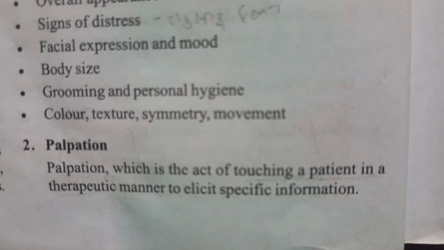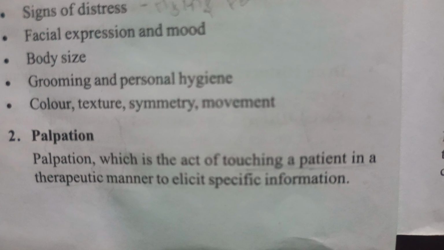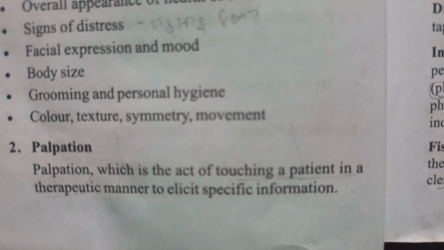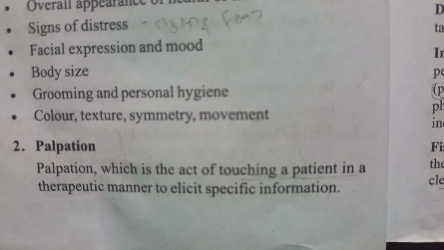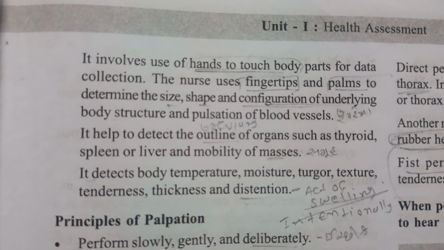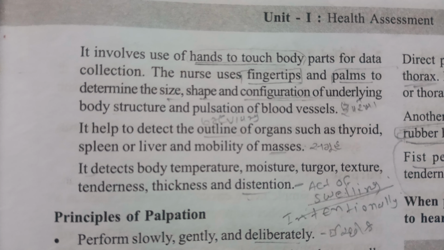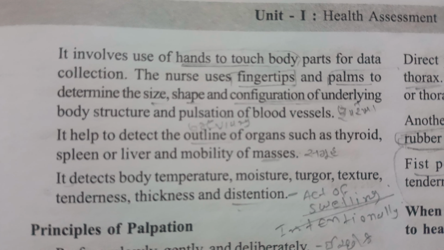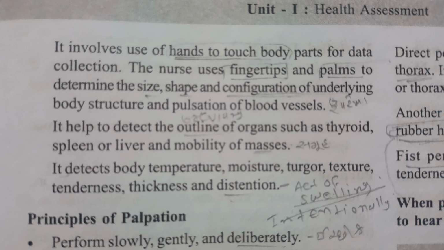The second one is palpation, which is the act of touching a person in a therapeutic manner to elicit specific information. Palpation involves use of the hand to touch a body part for data collection.